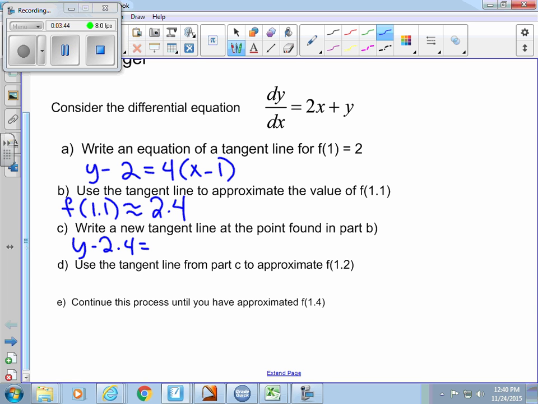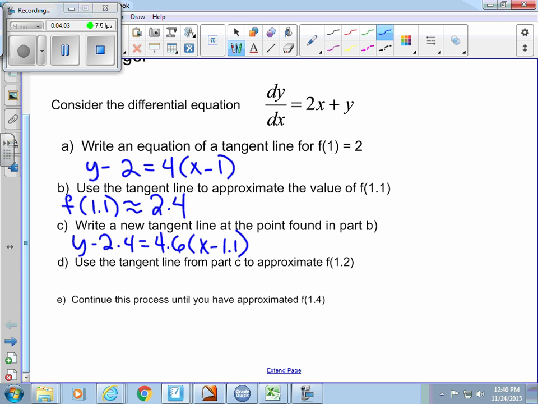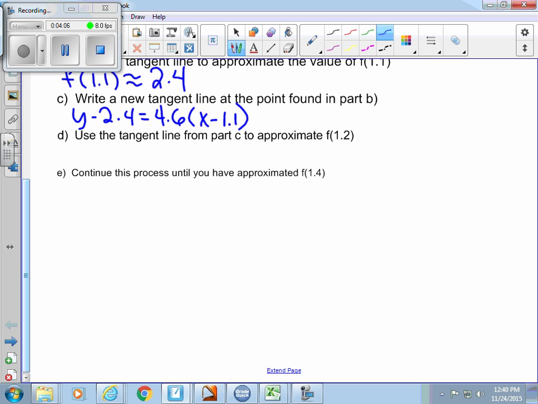Slope at this point. Use the tangent line that I just found to approximate f(1.2). Minus 2 and where x is, right? And so I get 0.1, 2.86.